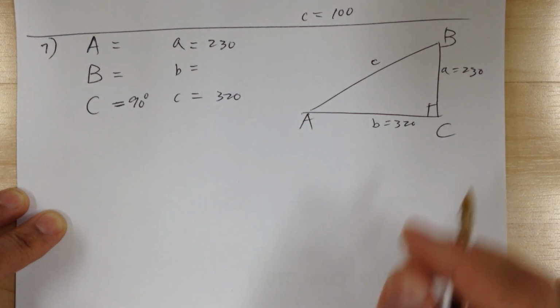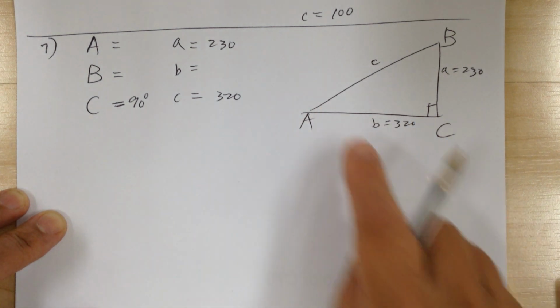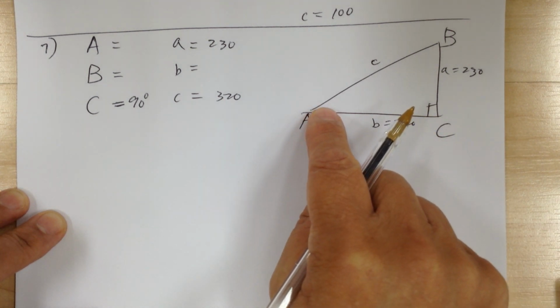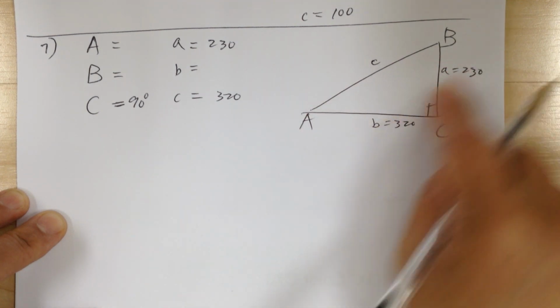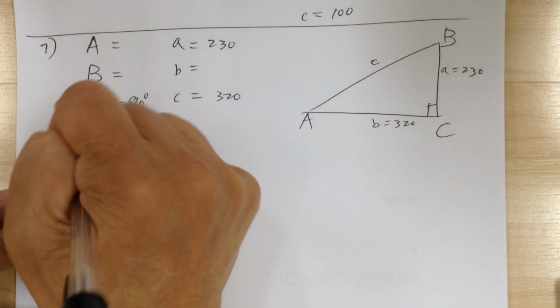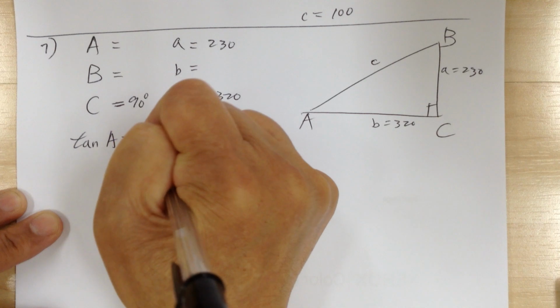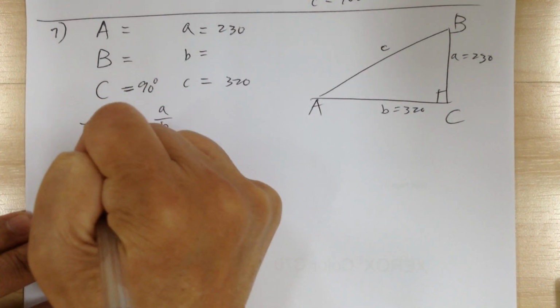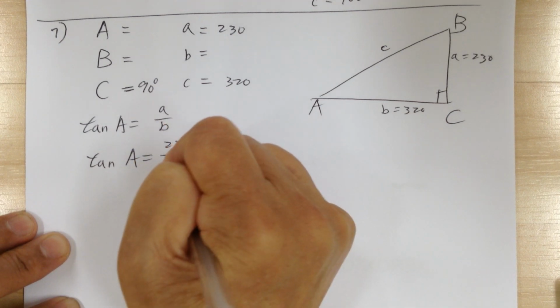Now let's go and get angle A first, because that's your important angle, so you can use it to find other things. These two are given, so the relationship between these two will be tangent. So tangent of angle A equals a over b. So tangent of A equals 230 over 320.